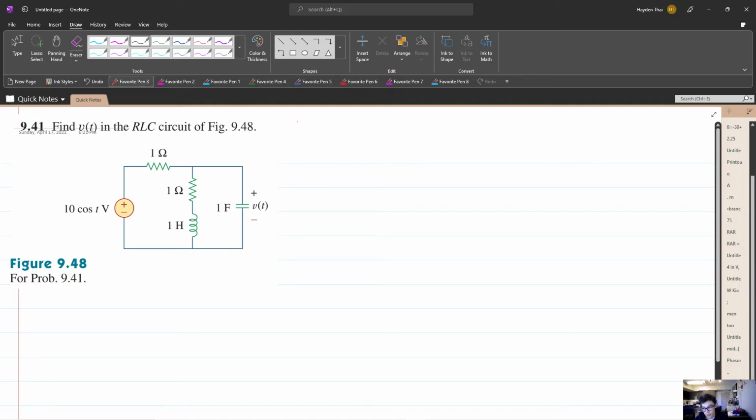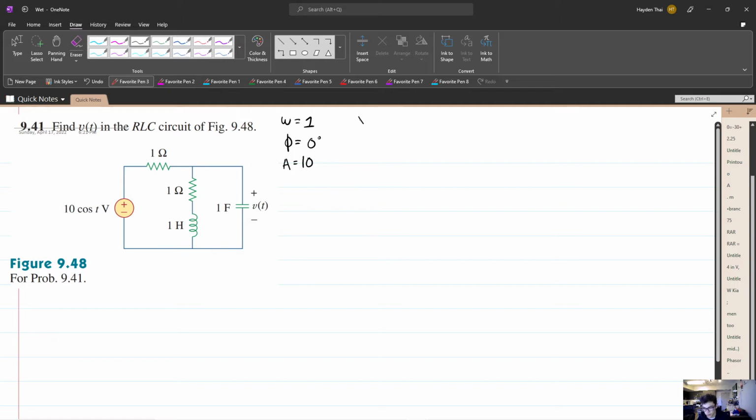So let's just write out some characteristics of our circuit. We know that the angular frequency is going to be 1. For our source, the phase angle is going to be 0 degrees, and the amplitude is going to be 10.